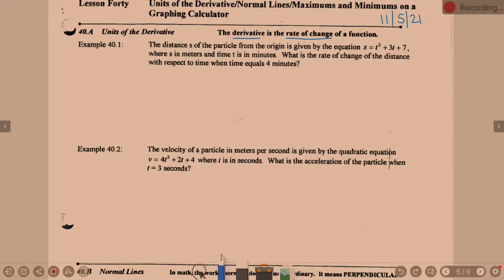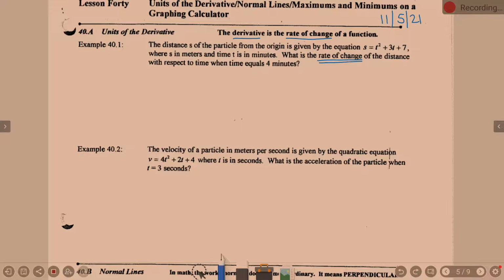As we look at example 1, you'll notice it's asking for a rate of change. The distance s of the particle from the origin is given by s equals t squared plus 3t plus 7, where s is in meters and t is in minutes. What is the rate of change of the distance with respect to time when time equals 4 minutes?